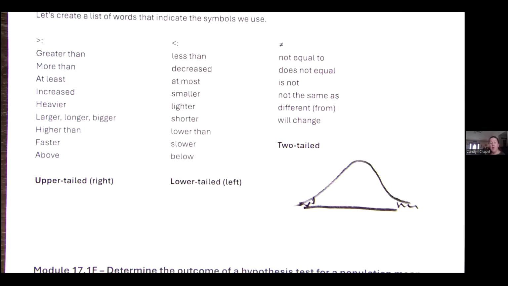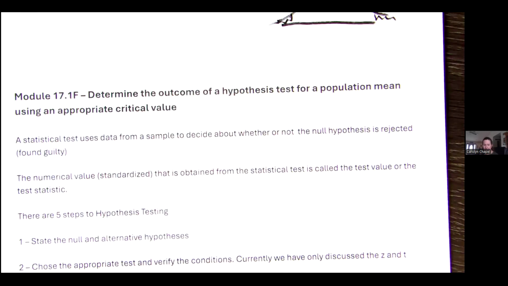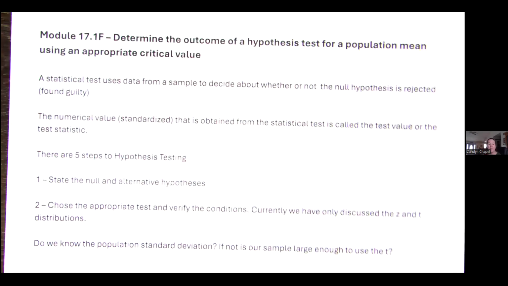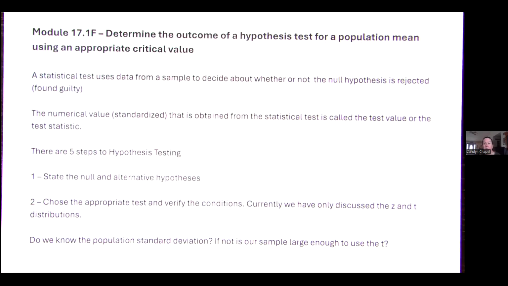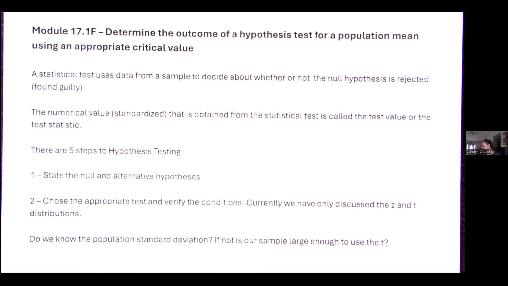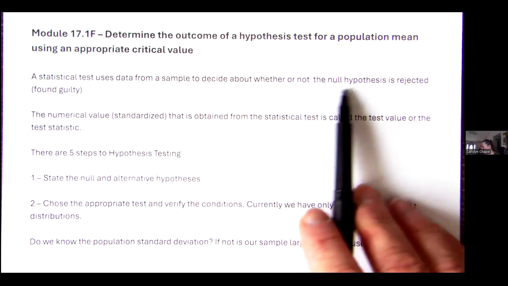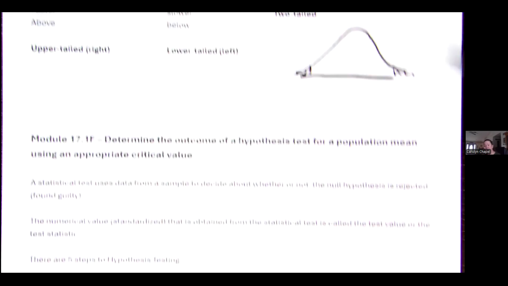There are 5 steps that we go through in a hypothesis test. A lot of the times when we get to the end, we have to make a conclusion. Was there enough evidence to support that alternative? When we do that, we basically are deciding whether to reject the null, our H naught.